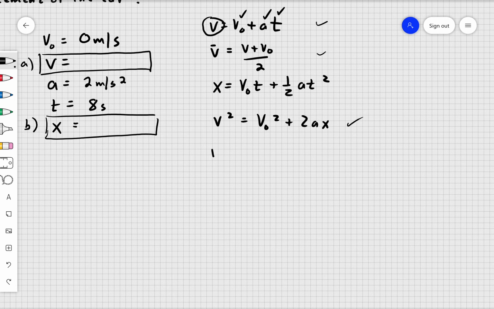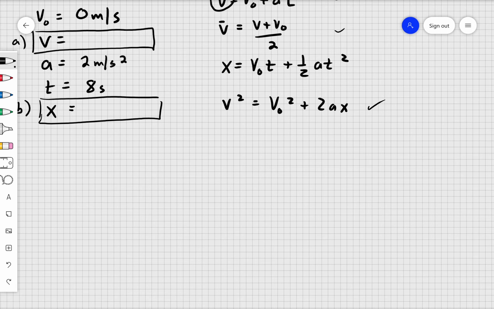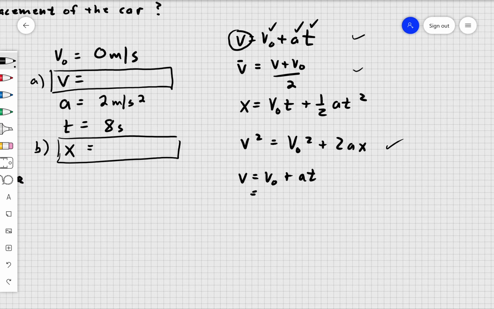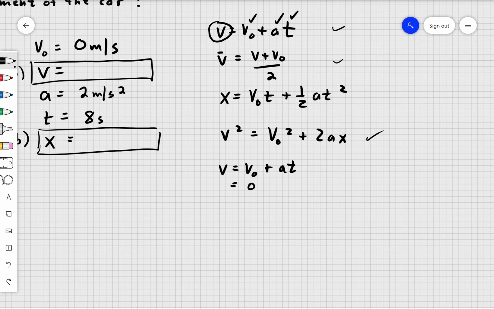It is v equals v naught plus at. Substituting our values, we know that the initial velocity is 0. The acceleration was 2 meters per second squared. The time was 8 seconds. If I'm not mistaken, that's about 16 meters per second.